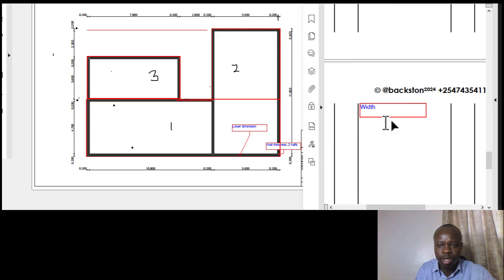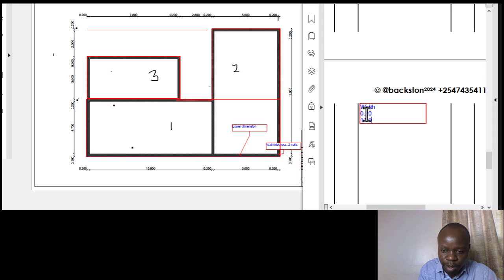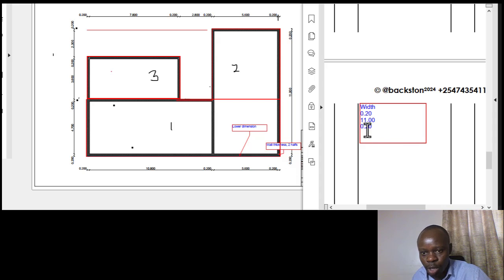You can start with the 0.20 at the top. Then you get to 11.00. Then you get to 0.20. So we add those. What we get is 11.4. That is 11.40.